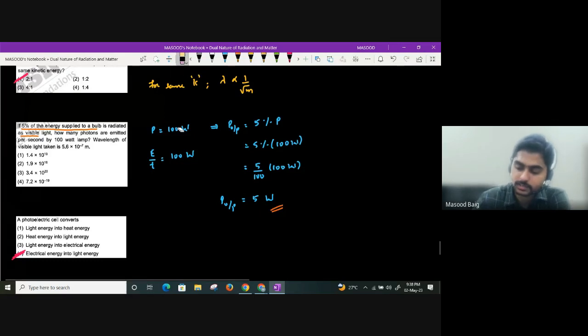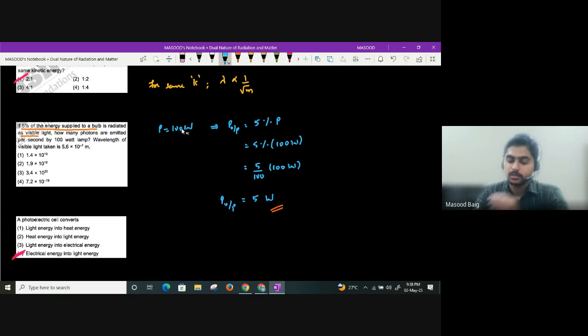Now what are they asking? They are asking us to find out how many photons will be emitted per second by the 100 watt bulb, but out of this 100 watt only 5% is utilized again. So how can I write power? This output power can be taken as energy emitted per unit time. N photons are there. You can write it as n h nu divided by t. So what can I write n by t as, beta?